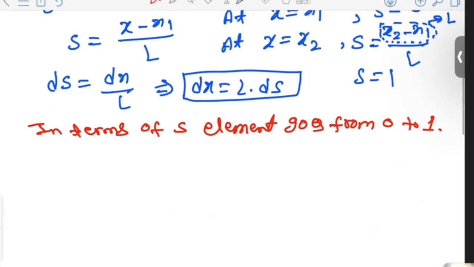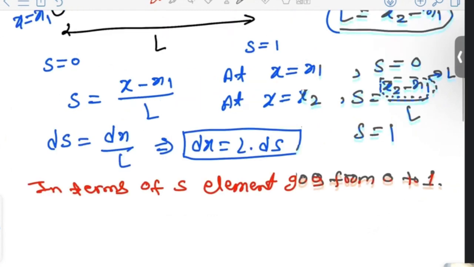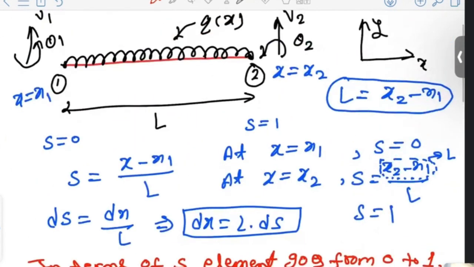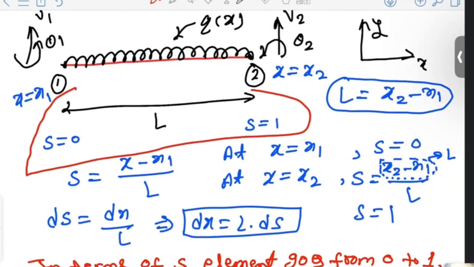I'm trying to get the shape function for this new mapping system, s equal to 0 to 1. Are you getting something?